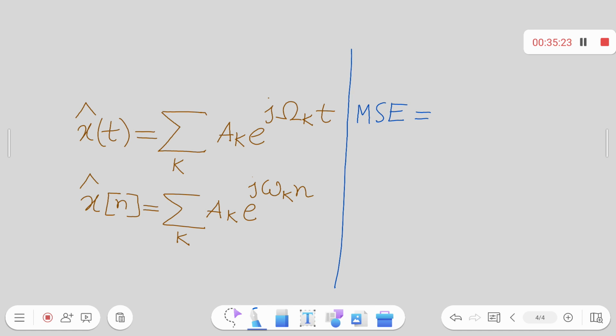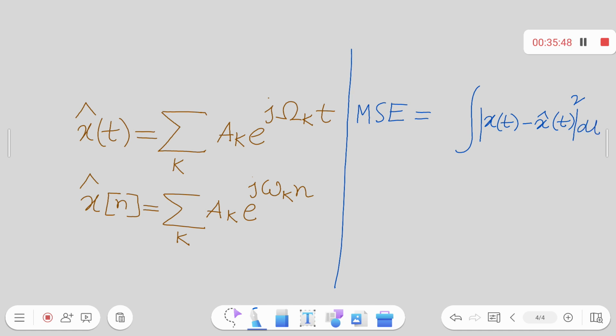And based on that, this is given by the integration of the error signal, x of t minus x cap of t, mod square, and find the mean.